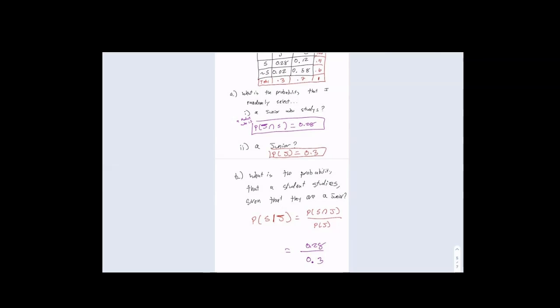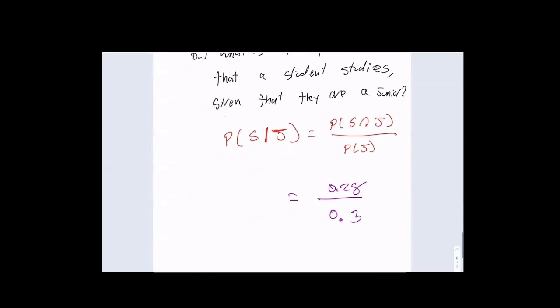And it was actually given to you in that order specifically to get this one. So 0.28 divided by 0.3. There are a lot of juniors who study. 0.28 divided by 0.3 gives me 0.93. It's 0.9333, but 0.93 is good enough.